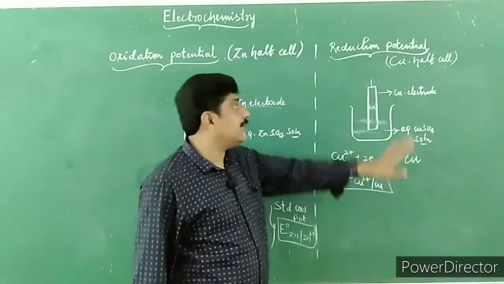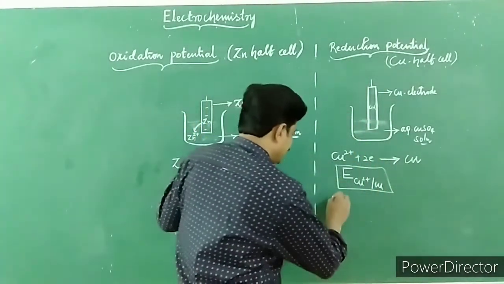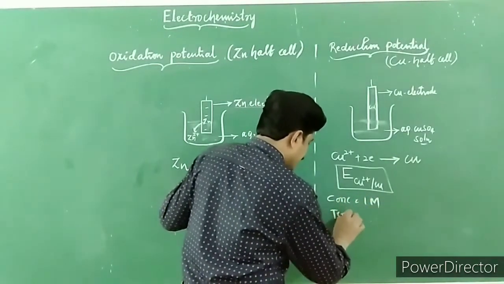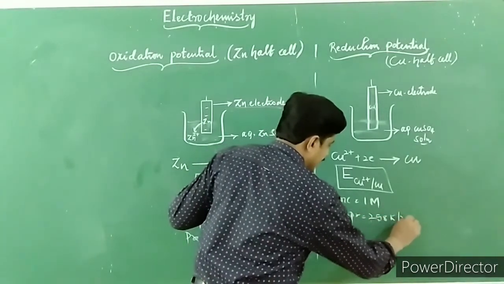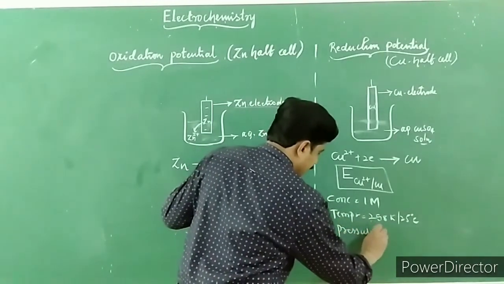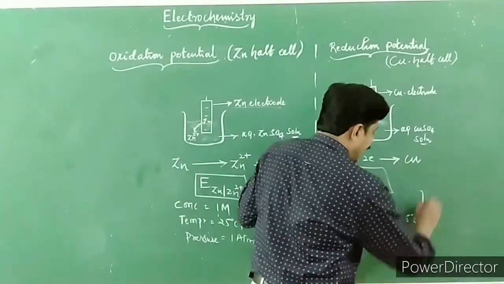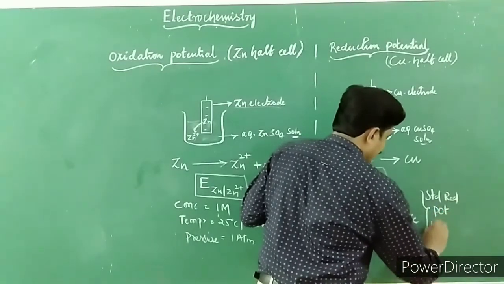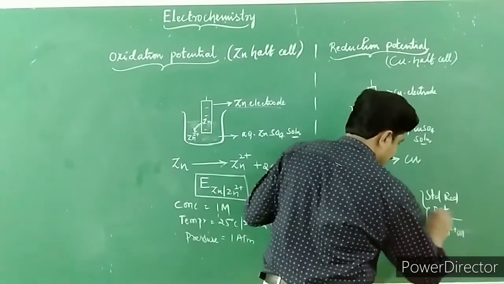Remember, if you are measuring reduction potential under standard conditions, like concentration equal to 1 molar, temperature equal to 298 Kelvin or 25 degrees Celsius, and pressure equal to 1 atmosphere, then it is called standard reduction potential and is denoted as E° Cu2+/Cu.